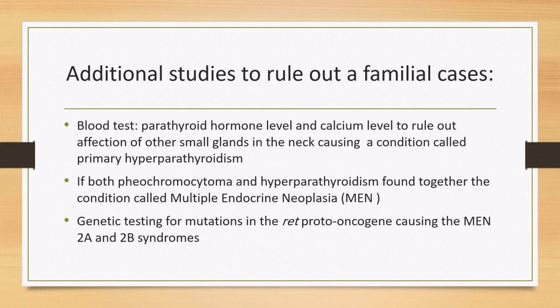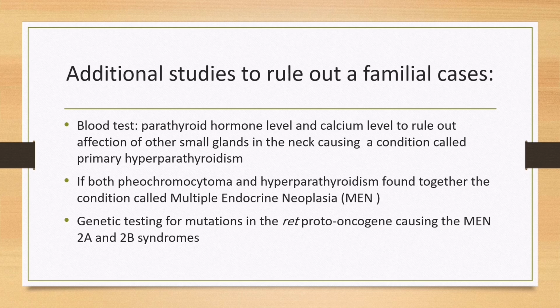So additional studies can help us if we think that the case is familial. We can do a blood test, which is a genetic test, to see if there is any mutation in specific genes, and this can help us with the familial cases.